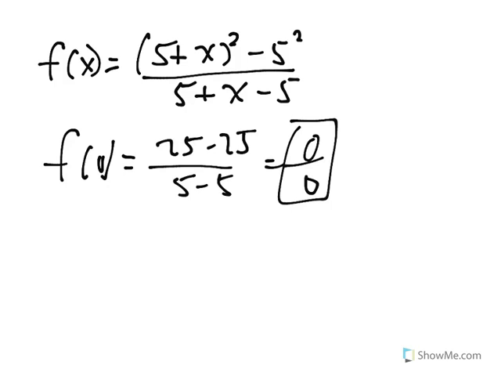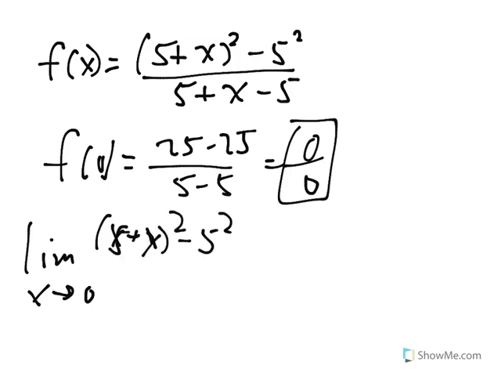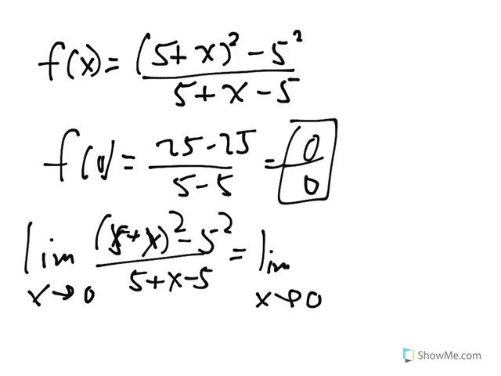So we can't really work with that, because 0 over 0 itself could be a lot of things depending on the situation, and we'll see which situation this is. So I'm going to say the limit as x goes to 0 of (5 plus x) squared minus 5 squared over (5 plus x) minus 5. Instead of just plugging 0 in, I'm going to simplify the numerator and denominator.